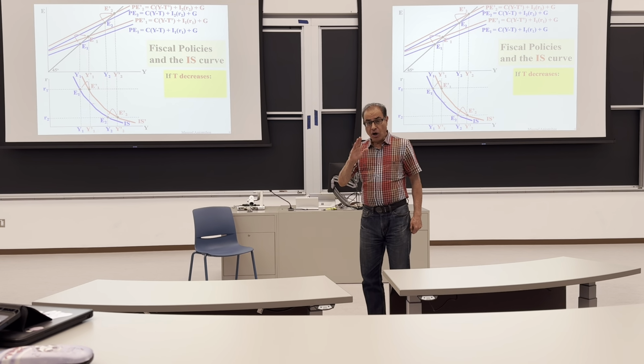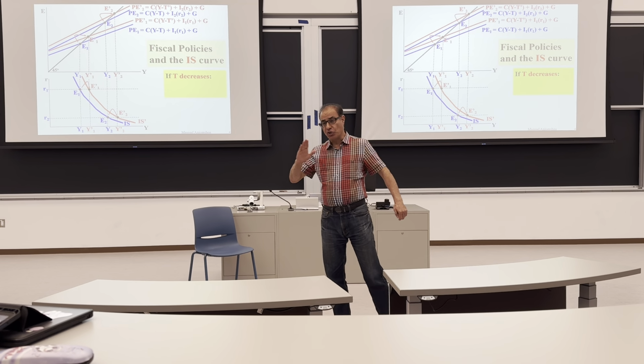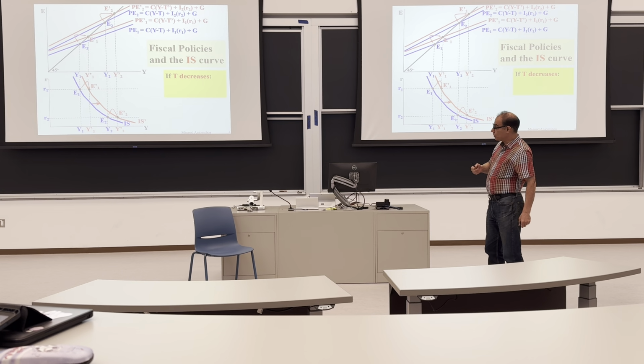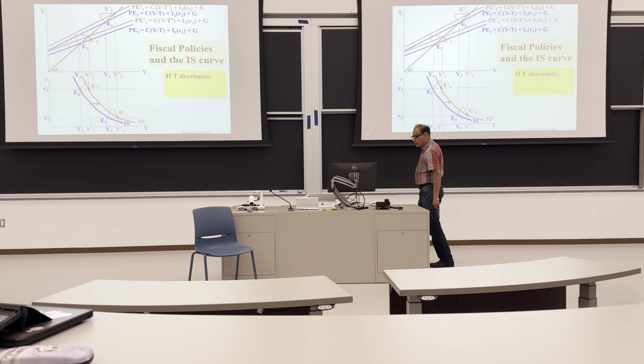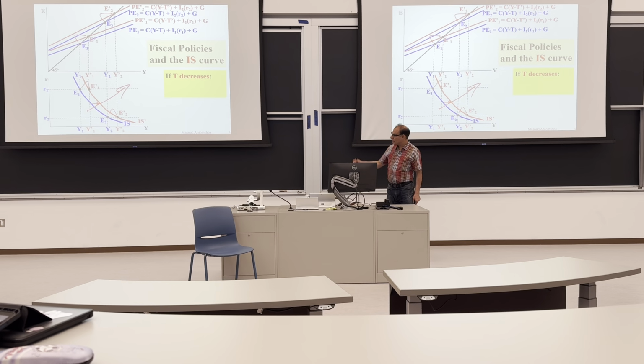Don't forget that IS can shift to the right or to the left only. It doesn't shift up, it doesn't shift diagonally. I can show you textbooks that show that IS shifts like this. That is wrong. Of course, the result will be the same, but philosophically, IS can shift to the right or left only.